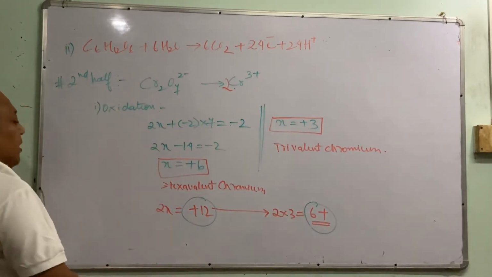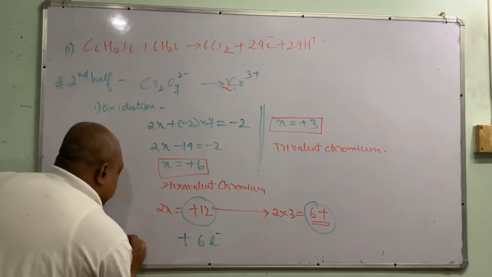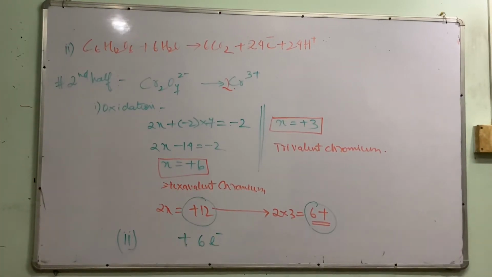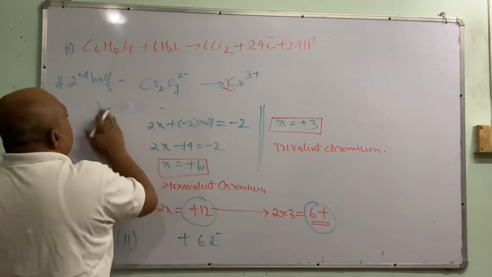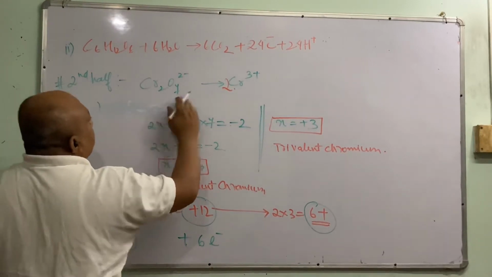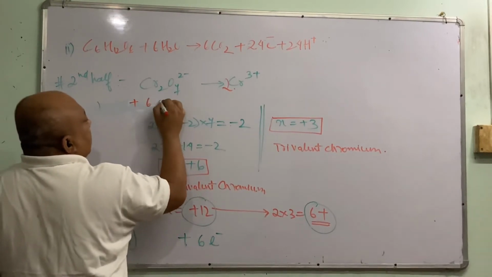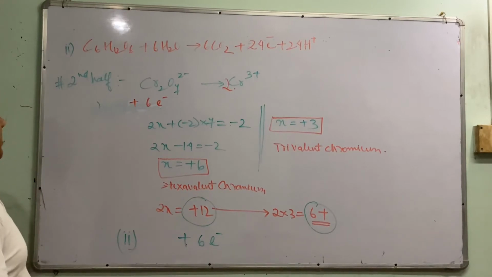So first step, you have to add plus 6 electron. This is the second step, electron balance. So can I say over here plus 6 electron?